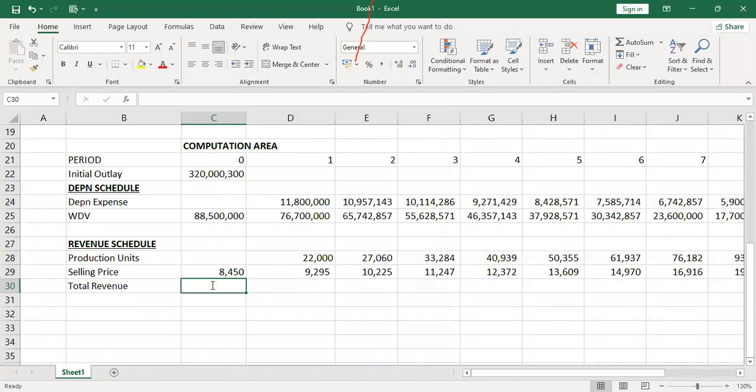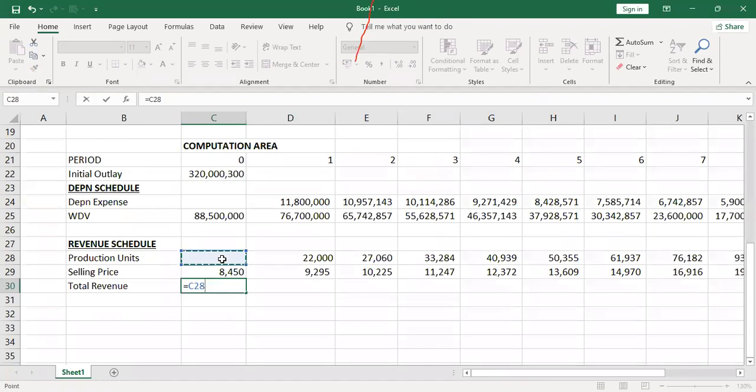So total revenue equals production units in year 0, which is a blank cell, times the selling price per unit.